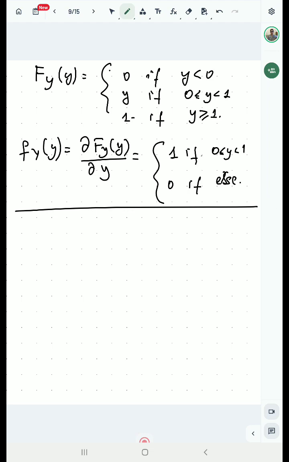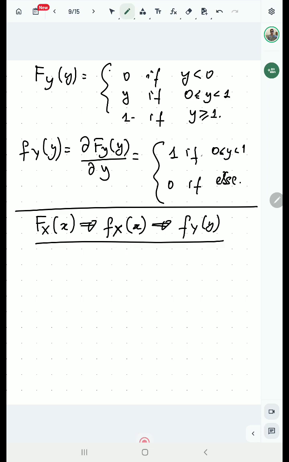distributed. So what else can we do? There is another technique to get the PDF of y. From the CDF of x, which is given to us, we get the PDF of x by taking the derivative, and then we use the transformation method to get fy of y. Okay, this is how we can go.